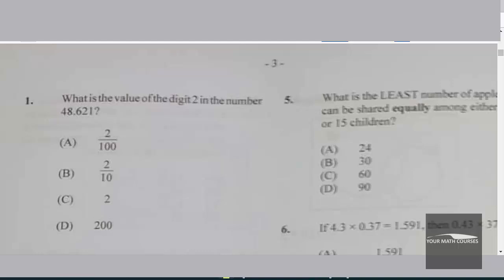What is the value of the digit 2 in the number 48.6821?